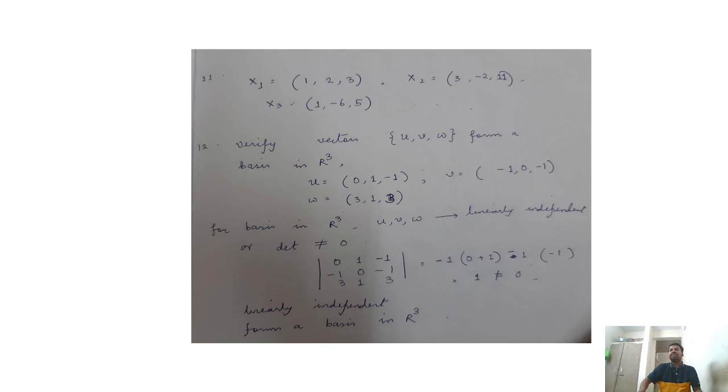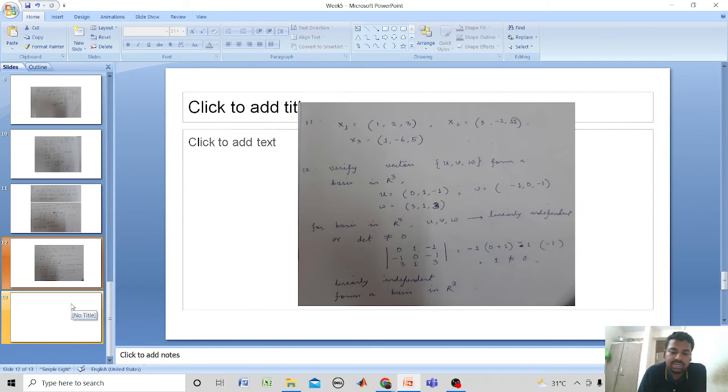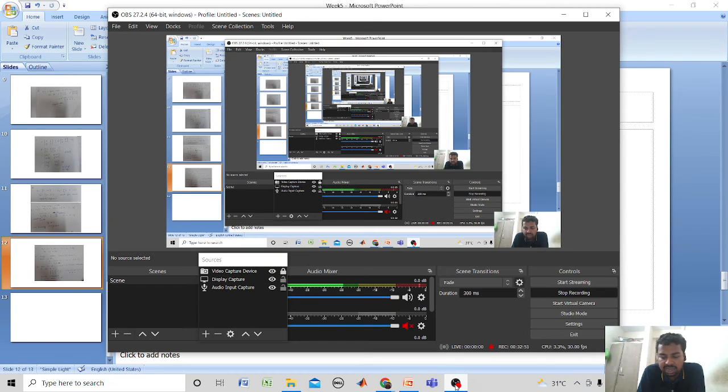Then if the left hand side is equal to the right hand side, the vectors are linearly dependent. Otherwise, the vectors will be linearly independent. I think everyone understood what I wanted to do.